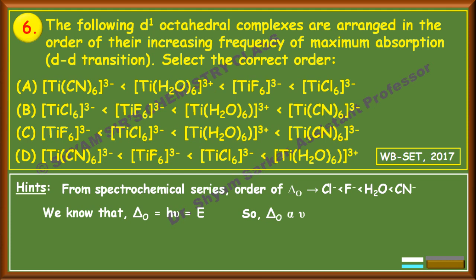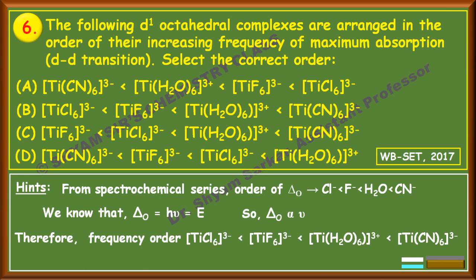With increasing delta O, the nu value also will increase. So for these 4 ligands, the frequency order of these complexes will be TiCl6 3 minus less than TiF6 3 minus less than Ti(H2O)6 3 plus less than Ti(CN)6 3 minus. This order is matching with option B. So option B is the correct answer.